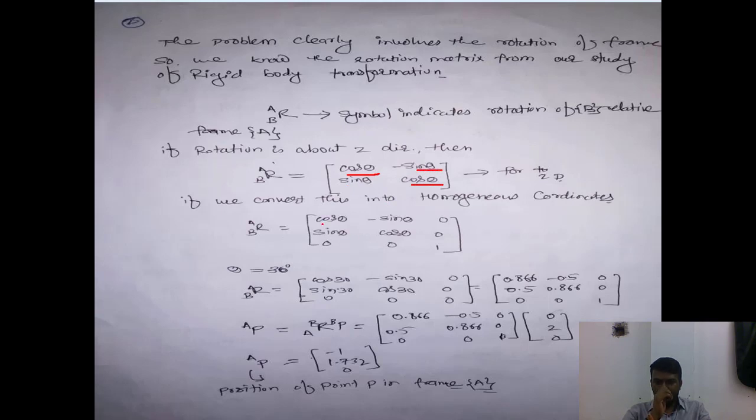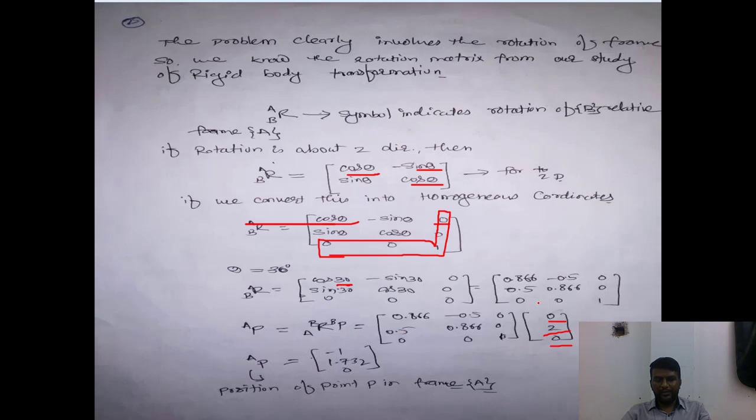If we convert this into homogeneous coordinates, we just add a dummy row and a dummy column. This is the dummy row we added to convert this into homogeneous coordinates. Then we put theta as 30, find the matrix, and multiply with the given vector, 0, 2, 0, the given coordinates of the point.